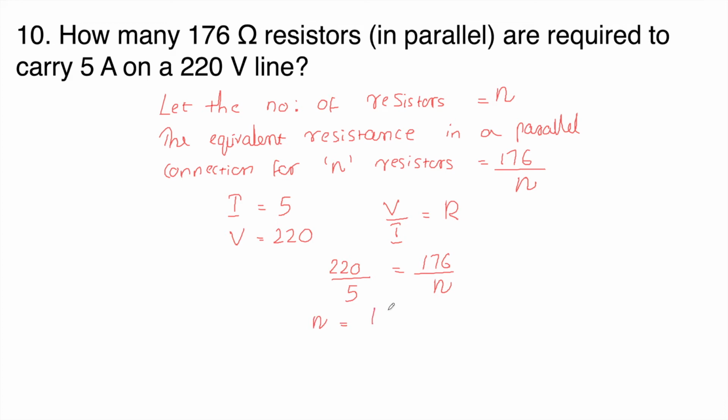It will be 176 into 5 by 220. While solving this we will get 4. So 4 resistors should be connected in parallel to get a current of 5 ampere on a 220 volt line.